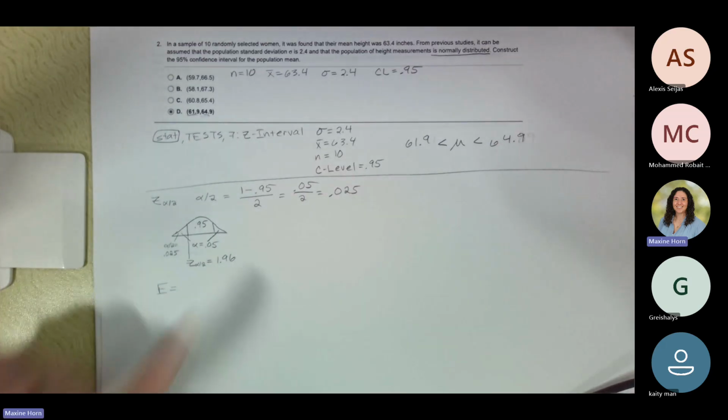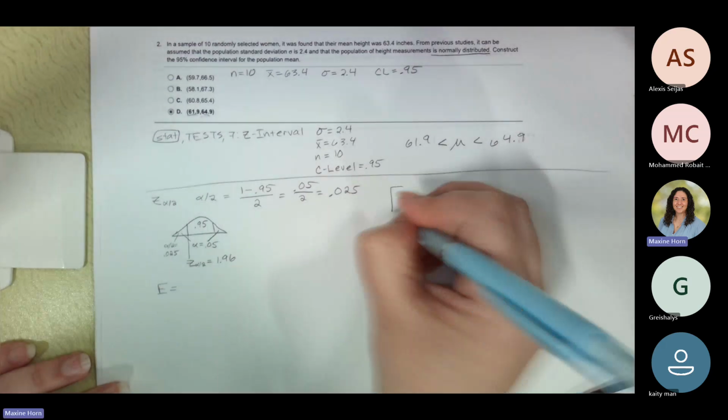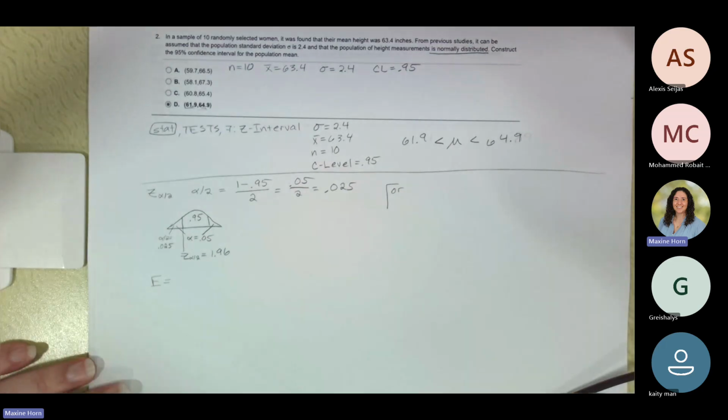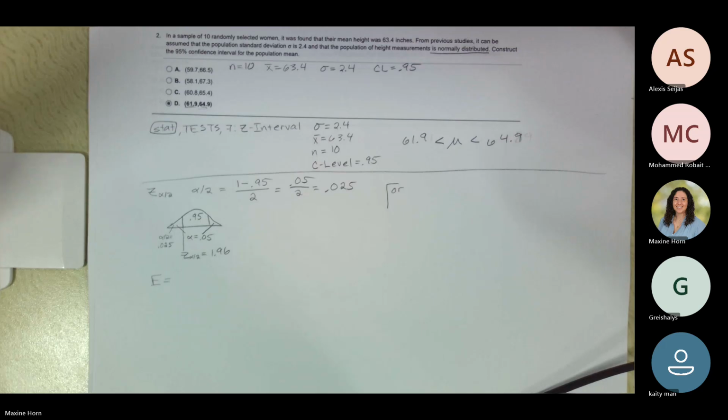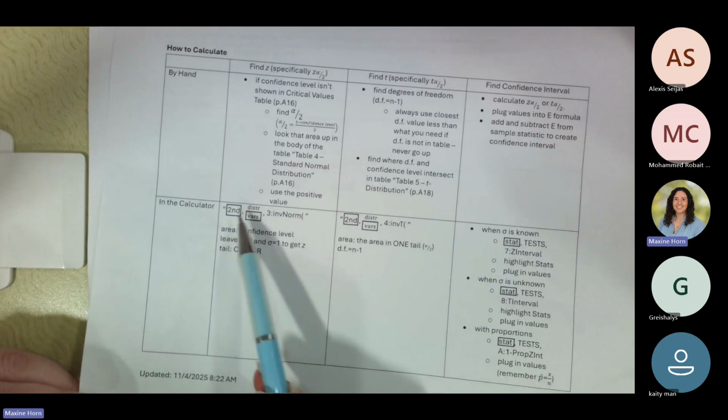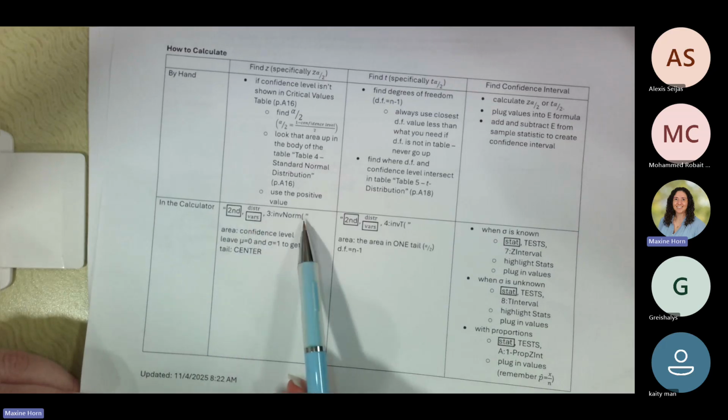Also, real quick, if I wanted to find my Z alpha halves in the calculator, if we wanted to do that part in the calculator, we're going to do second vars inverse norm.